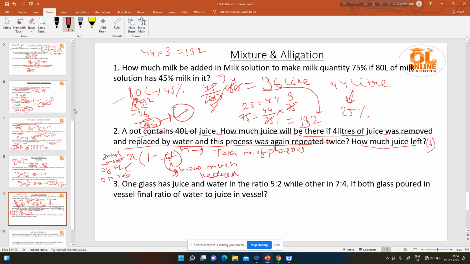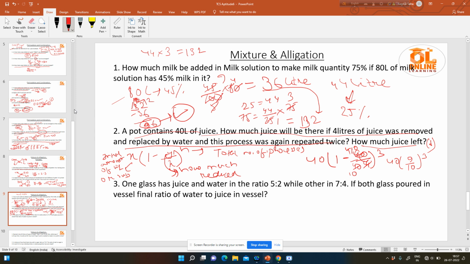Okay, so there are 40 liters initially, then 1 minus y by x, that is 4 by 40, so 1 by 10. We are doing it 3 times, first once, then again twice, so that would be the power 3. So 40 into (10 minus 1, that is 9 by 10) cubed, 40 into (9 by 10) cubed.